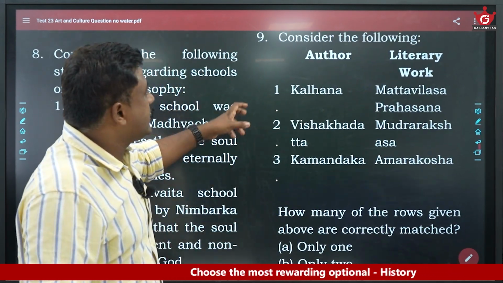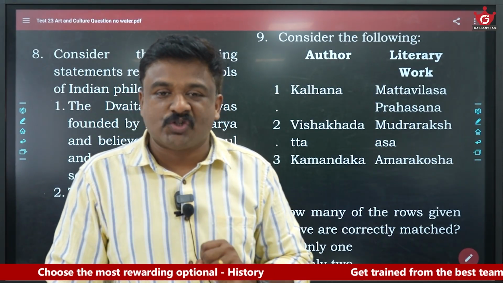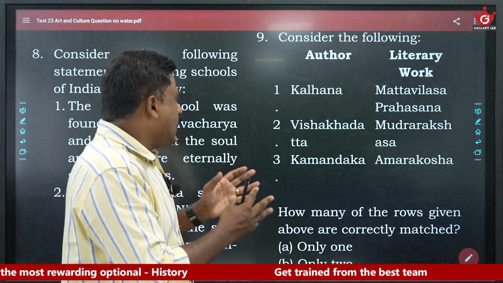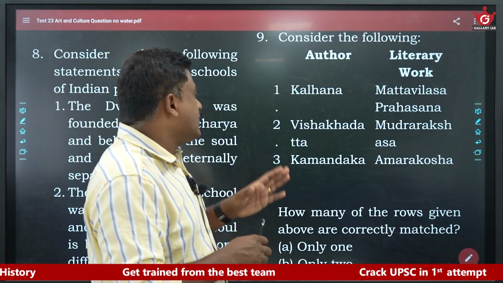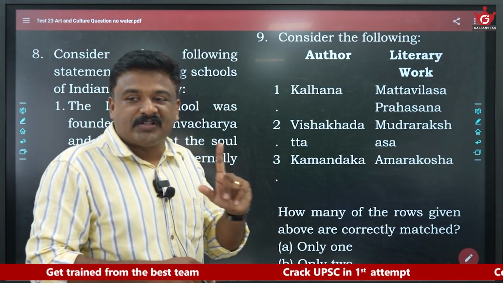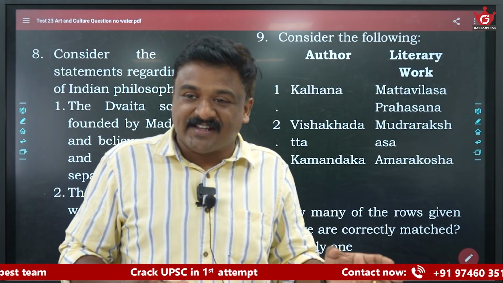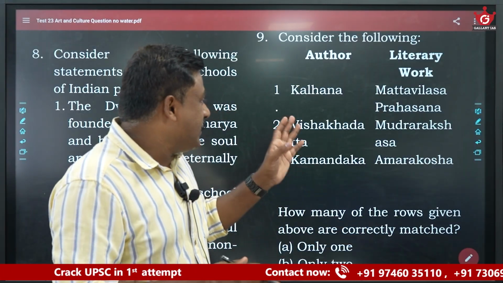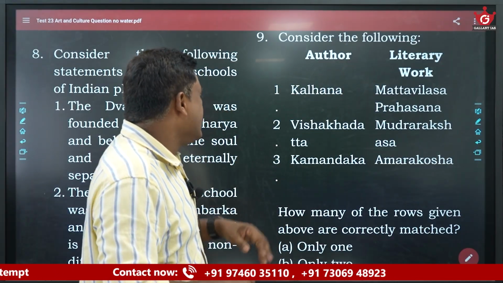Now again you see author and literary work is given. This is another favorite type of question they ask in this prelims examination. Kalhana is there, Vishakhadatta is there, Kamandaka is there. Kalhana, you must understand, 12th century Kashmiri scholar, historian, his famous work is Rajatarangini. Nothing to do with Mattavilasa Prahasanam. Mattavilasa Prahasanam is connected with the Pallava ruler.